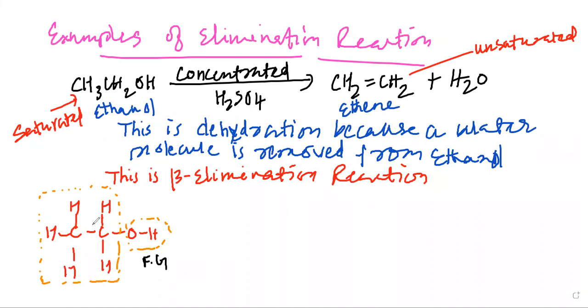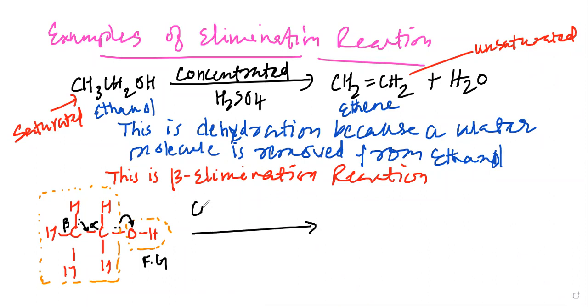As this is the functional group, my dear students, this is known as the alpha carbon. This is known as the beta carbon. So the electrons from this carbon go on oxygen, and the electrons of this carbon-hydrogen bond make a double bond between these two carbons.